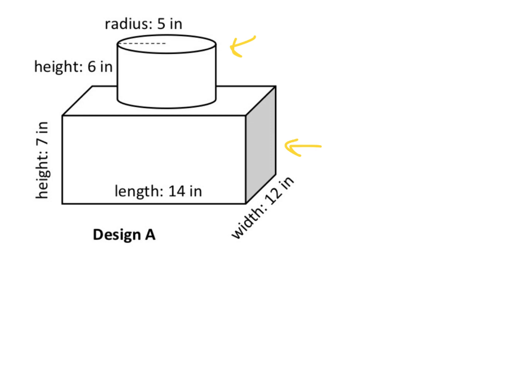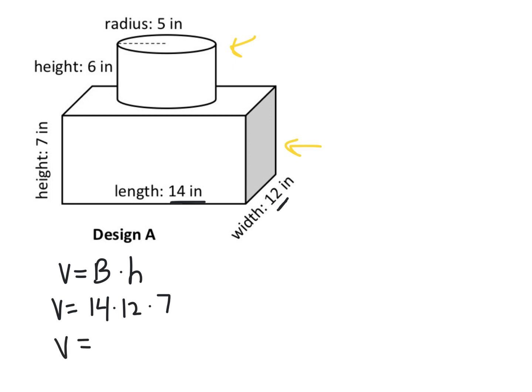Okay, I'm going to start with the rectangular prism. And remember, that was the area of the base times the height. So looking here, I'm going to do the area of the base. It's a rectangle, so I'm going to do 14 times 12, and then times the height of 7.